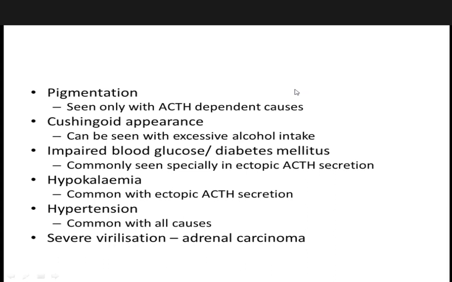Hypertension, seen with all causes. Hypokalemia, seen with all causes, but common with ectopic ACTH secretion. Blood glucose, diabetes, common with all causes, again especially seen in ectopic ACTH secreting tumors. And then pigmentation seen only with ACTH dependent causes.